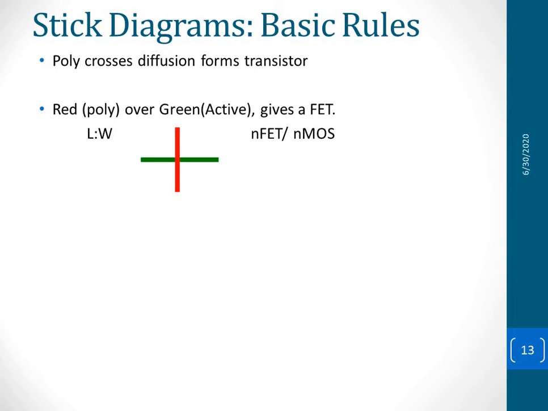So this is the length to width ratio of a transistor, like as I said, for an NMOS or an NFET, polysilicon red over a green. Likewise, you can see PMOS, it is yellow over red over yellow, and the aspect ratio is given by length to width ratio. This is the length and this is the width.